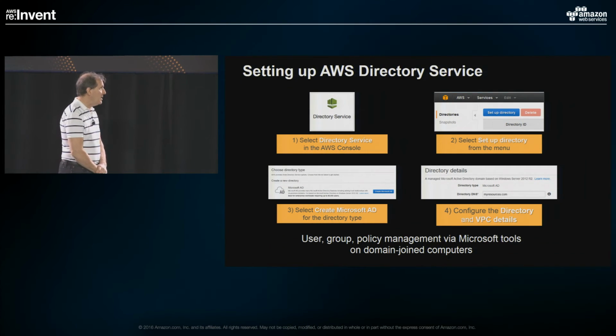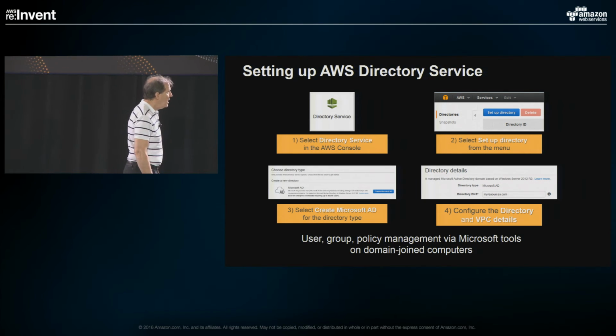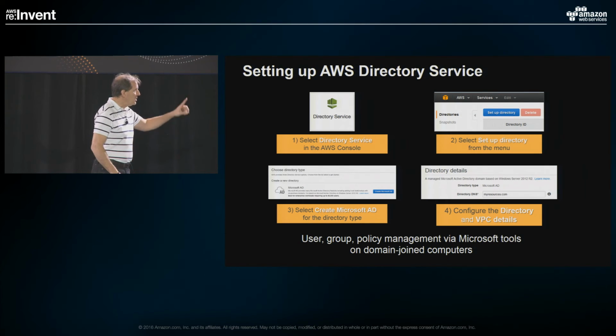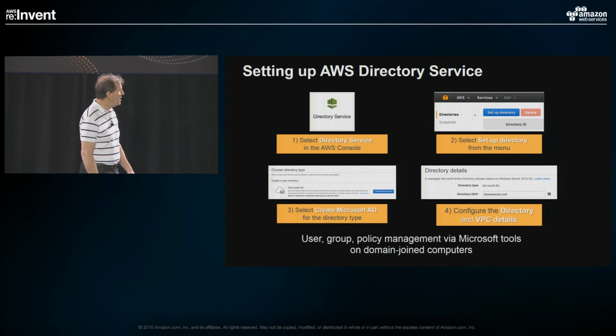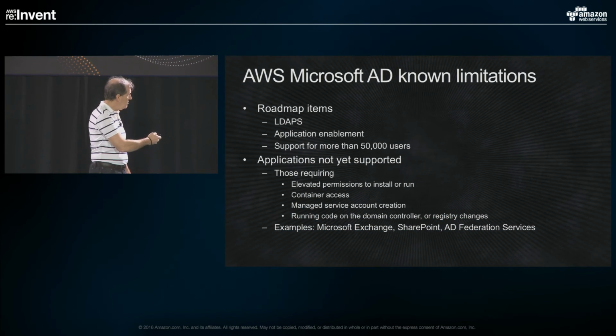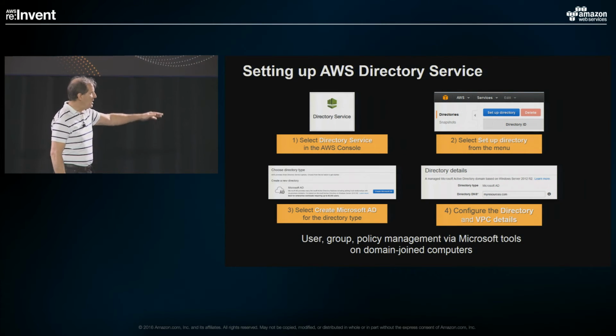Now, setup is pretty fast and easy. You just go to the AWS Management Console, you go to Directory Services. Inside Directory Services, you'll get a screen up there in the far right corner. You just click the blue button that says Set up a directory. Then you're going to get a screen, step number 3 over here on the bottom left, where you select Microsoft AD.